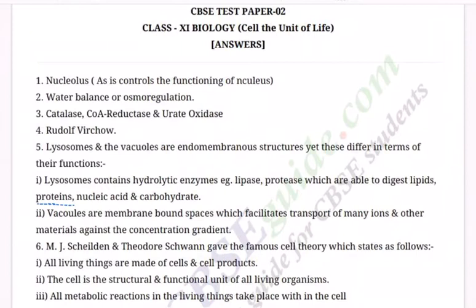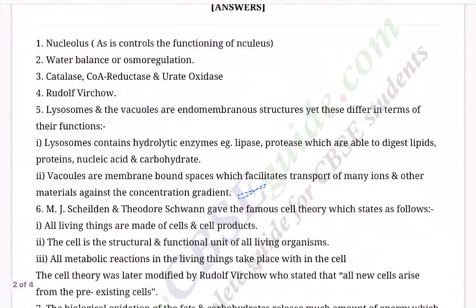That's why lysosomes play an important role in breaking down these materials. And vacuoles are membrane bound spaces that facilitate transport of many ions and other materials against the concentration gradient. It's a sort of osmoregulation. So vacuoles play a crucial role in two things: one is digestion, another is excretion. That's why we name them after their function as excretory vacuoles and digestive vacuoles.